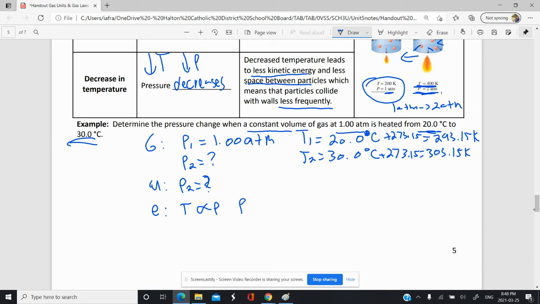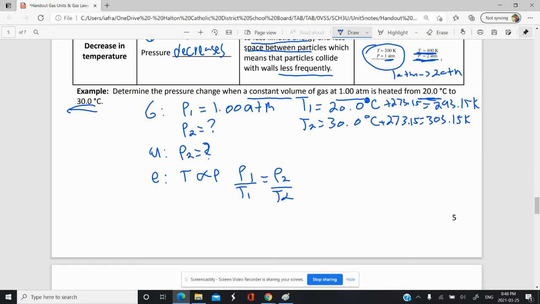That means we're going to use our relationship of P1 over T1 is equal to P2 over T2. And remember that we've increased the temperature. So if we've increased the temperature, chances are our pressure is going to be higher. That's the relationship. So we're expecting a P2 that's higher than 1 ATM.